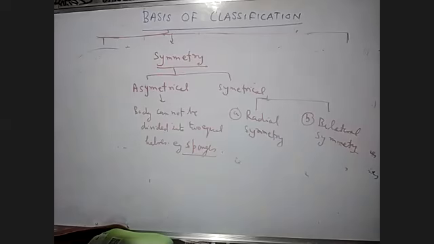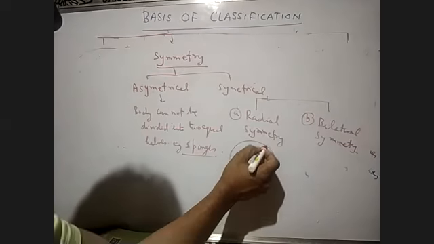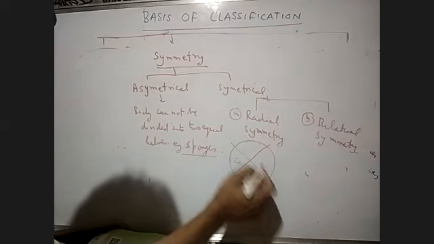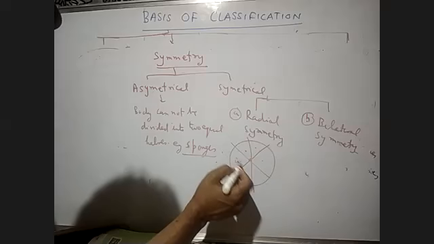Radial symmetry: when any plane passing through the central axis of the body divides the animal into two identical halves, it is called radial symmetry. If you cut the animal through the center, you can divide it into equal halves.